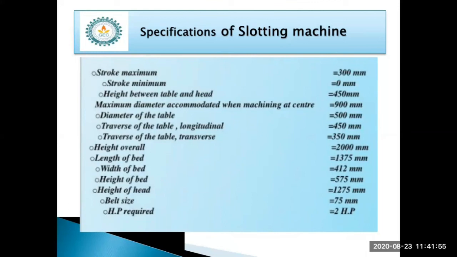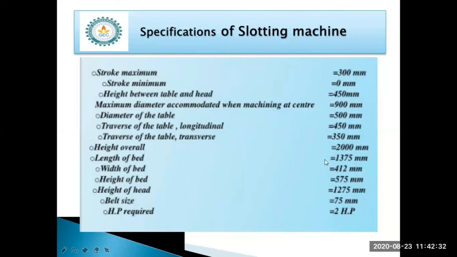Coming to the next, the specification of slotting machines. The specifications are: stroke, maximum and minimum. The maximum stroke is 300 mm and minimum is 0 mm. The height between table and head is 450 mm. The diameter of the table is 500 mm, and the longitudinal travel of the table is 450 mm and the transverse travel of the table is 350 mm.